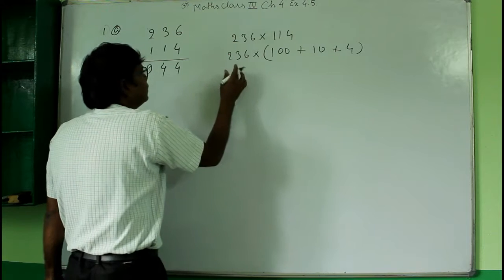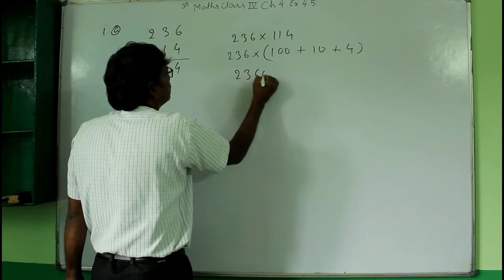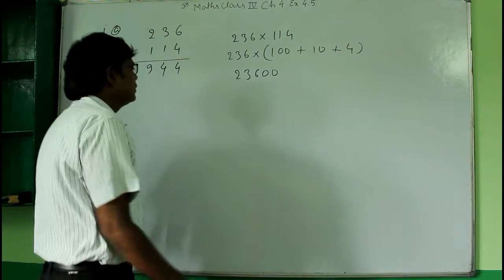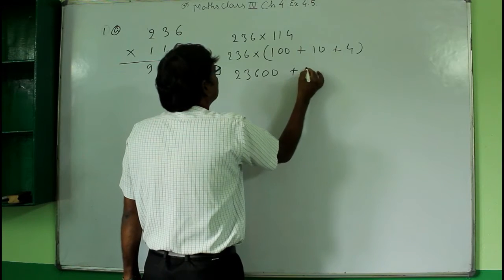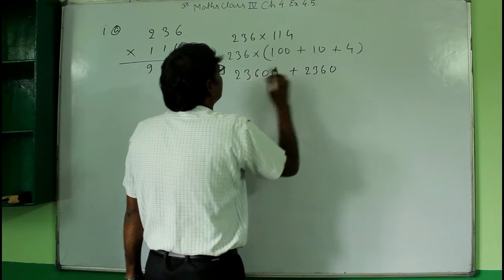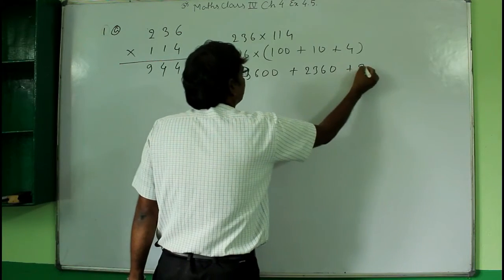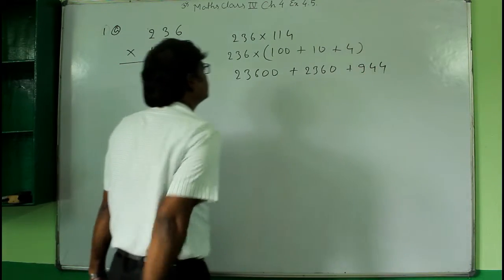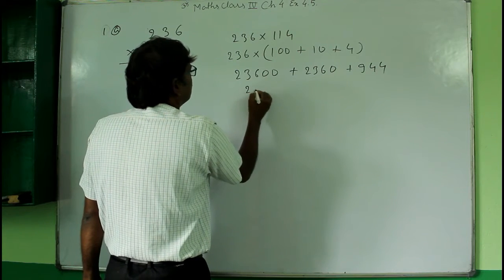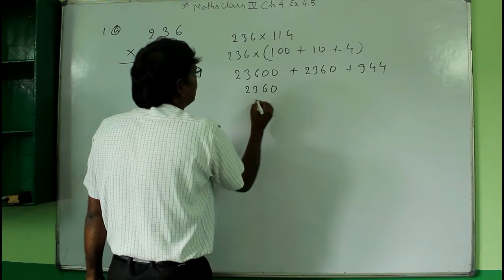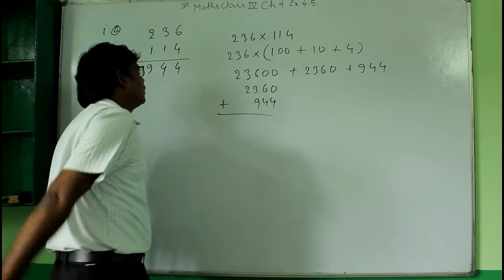Okay, then this into this will be 23,600, and this into this will be 2360, and this into this will be equal to this number, that is 944. Okay, so here actually you will write this as 23600, 2360 and then 944, and then you will add all these, then you will get the answer.